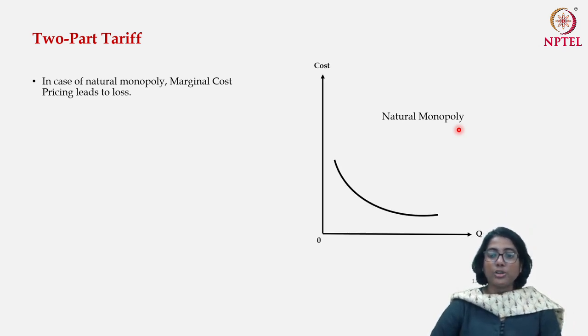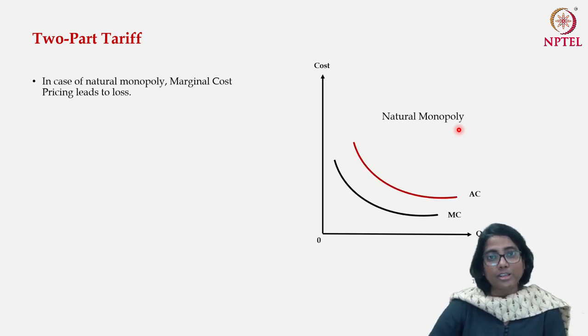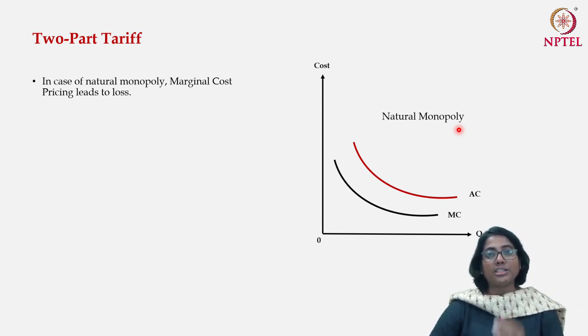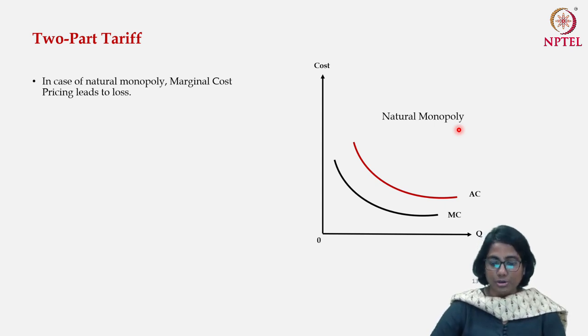How does that happen? So this is the case where you have natural monopoly. You remember, in case of natural monopoly, the average fixed cost was so high that the average cost keeps on declining and the marginal cost is lower than the average cost. Now, if this is the situation, and if this is the demand curve, and if you want to go by marginal cost pricing, then the equilibrium will be at E. We decide that the equilibrium is at E, where the marginal revenue curve intersects the marginal cost curve, and then we say that the production should be at Q star.